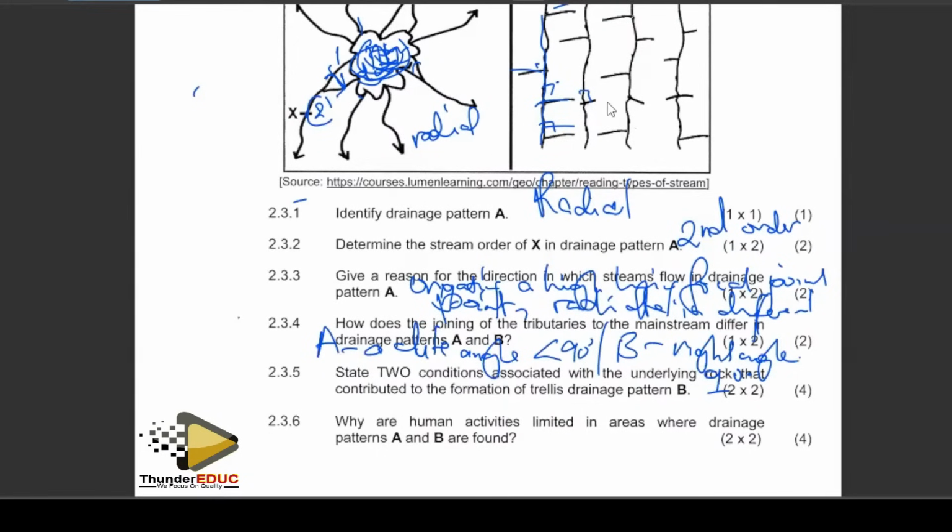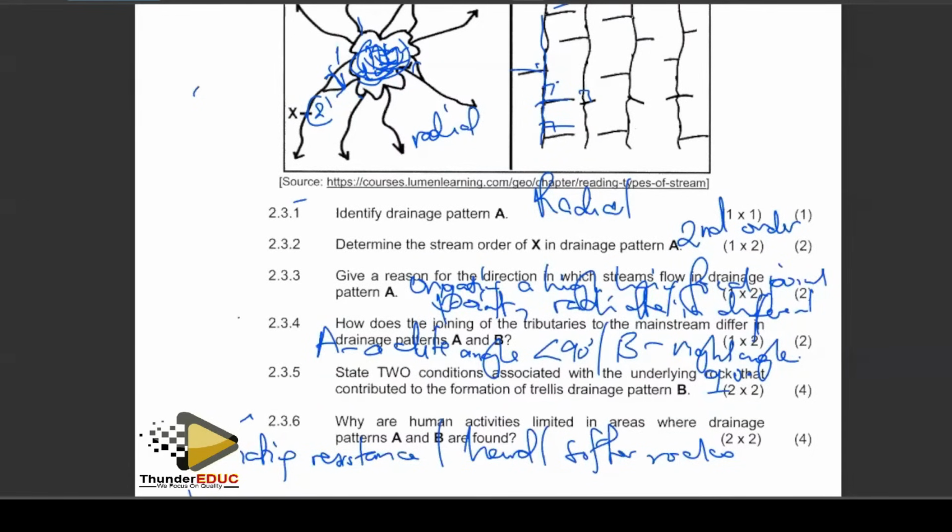Right, a trellis pattern basically forms in areas of rocks of alternating resistance. Or we are saying where we have hard and softer rocks. And also, where is it likely to form?